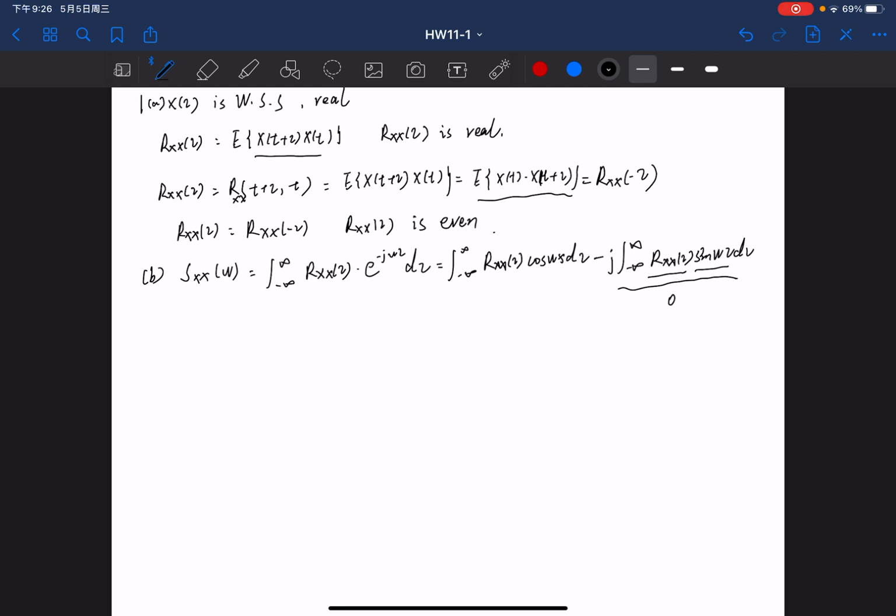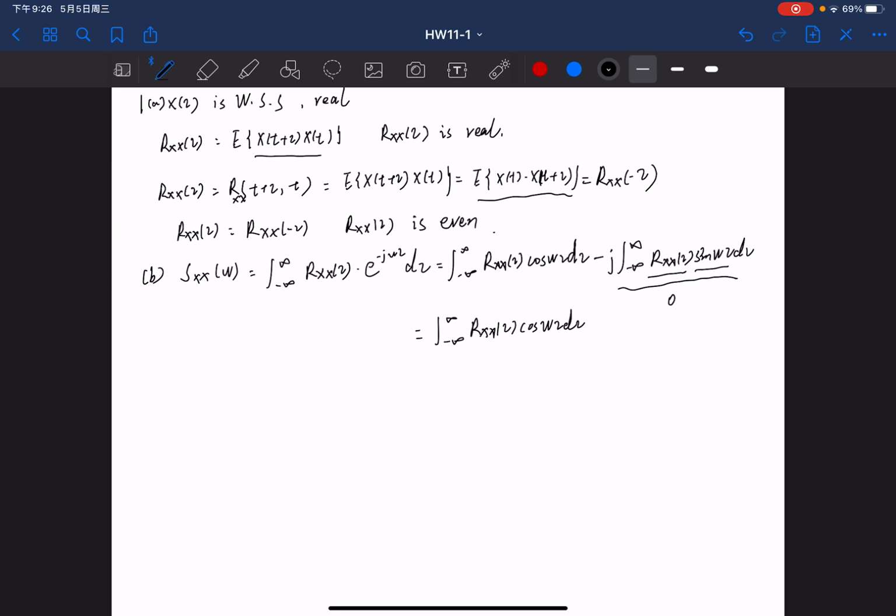So the S_xx(omega) equals the integral from negative infinity to infinity of R_xx(tau) multiplied by cosine omega tau d tau.